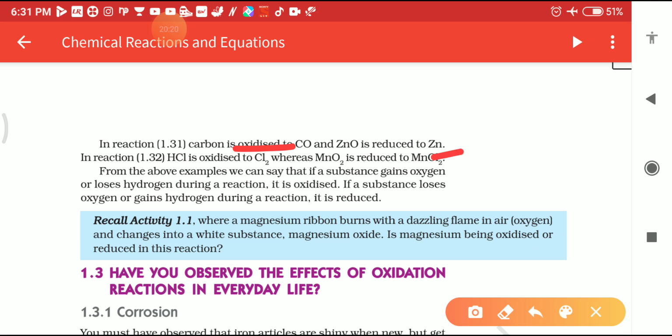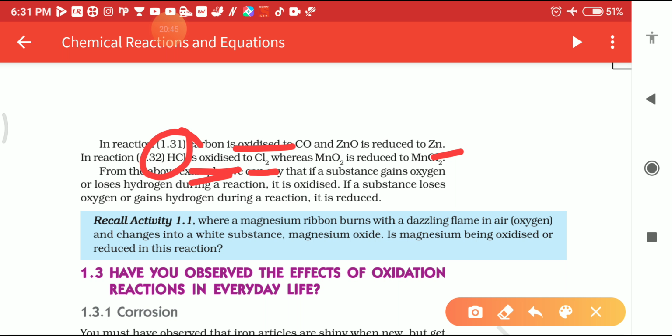In reaction 1.32, hydrochloric acid is oxidized to chlorine. Why is it called oxidized? Because in oxidation, removal of hydrogen takes place and addition of oxygen. Here removal of hydrogen takes place, that's why it is called oxidized.